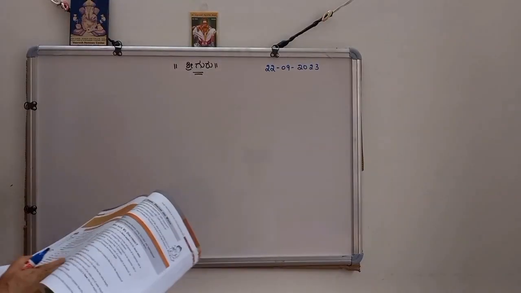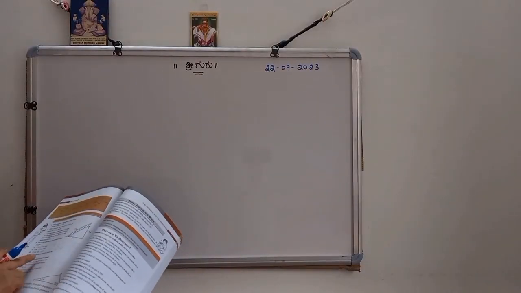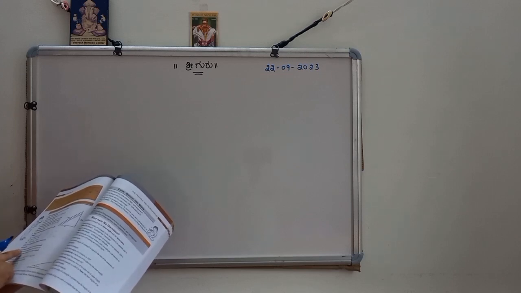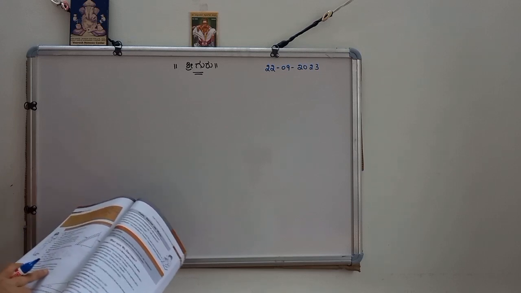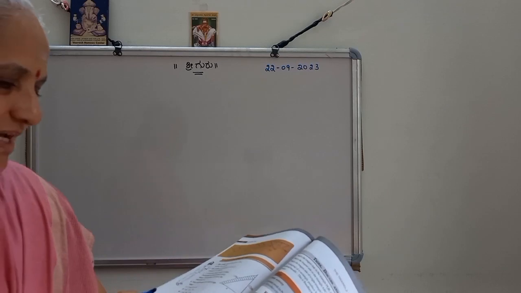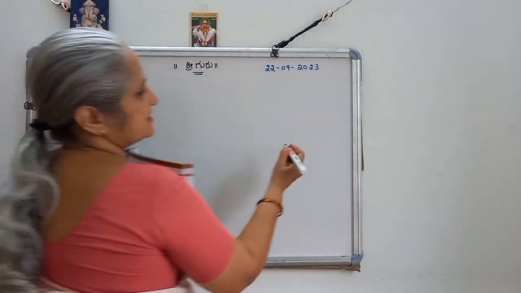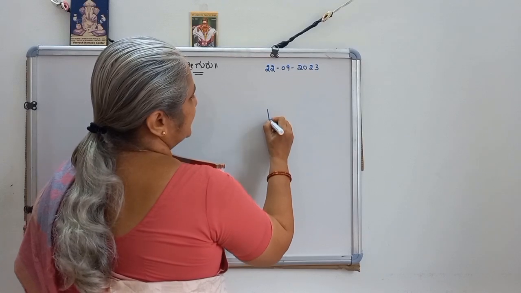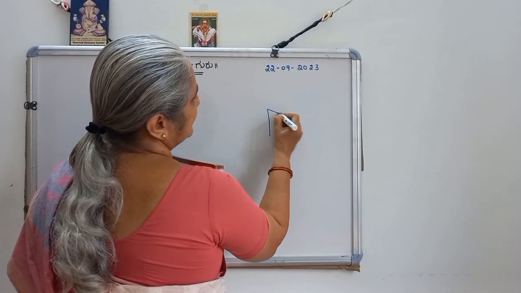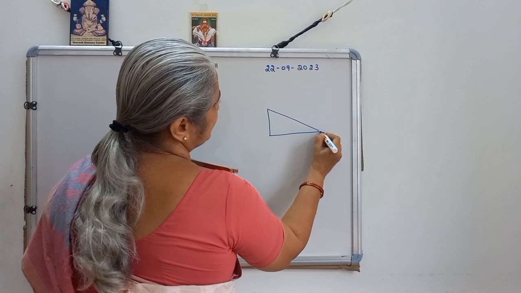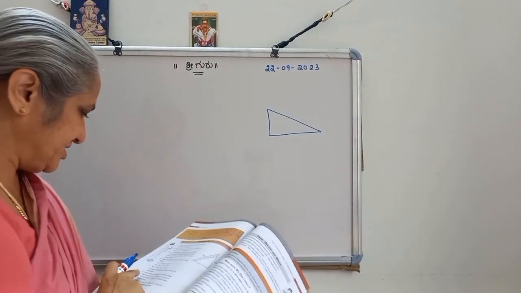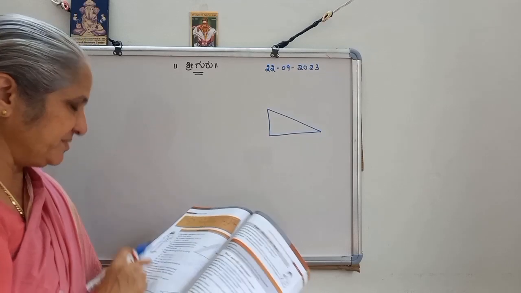The fifth one: a tree is broken at a height of 5 meters from the ground and its top touches the ground at a distance of 12 meters from the base of the tree. See, this is the base of the tree, and at 5 meters the tree breaks and touches the ground, at a distance of 12 meters from the base of the tree.